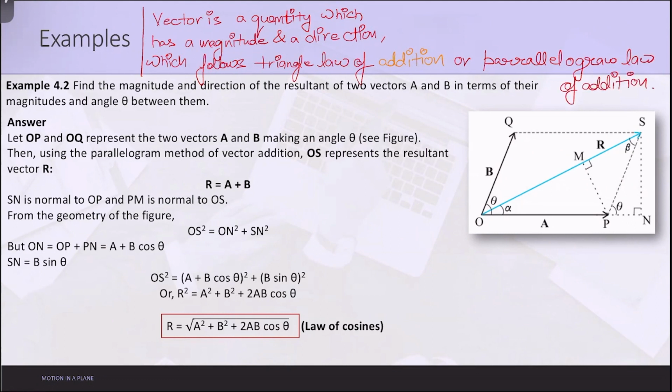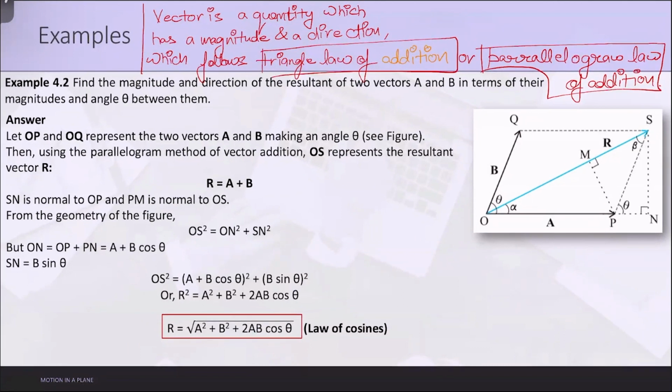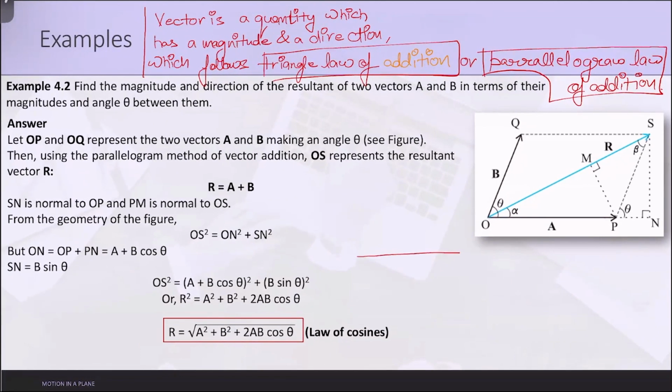That was the definition. Because it follows the parallelogram law of addition and the triangle law of addition, we can write this in this form. Let's say this is A, this is B, then we can say that the resultant is this. That is how we can say that this is following the parallelogram law of addition.